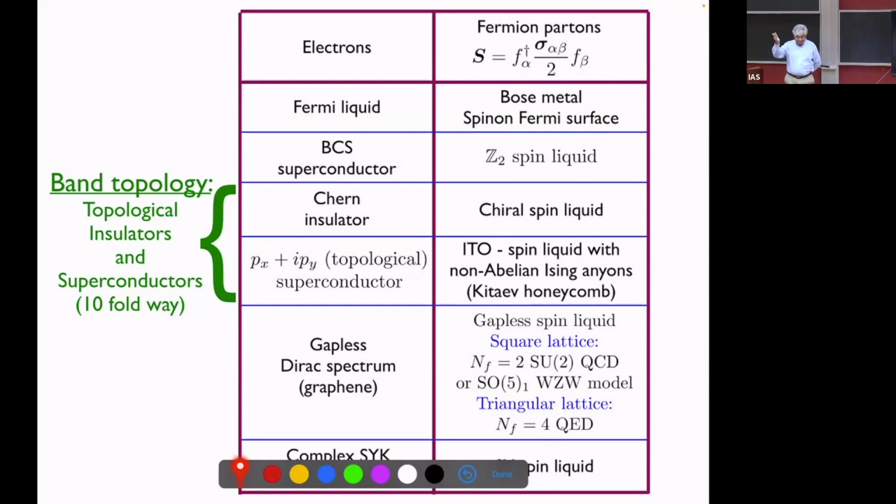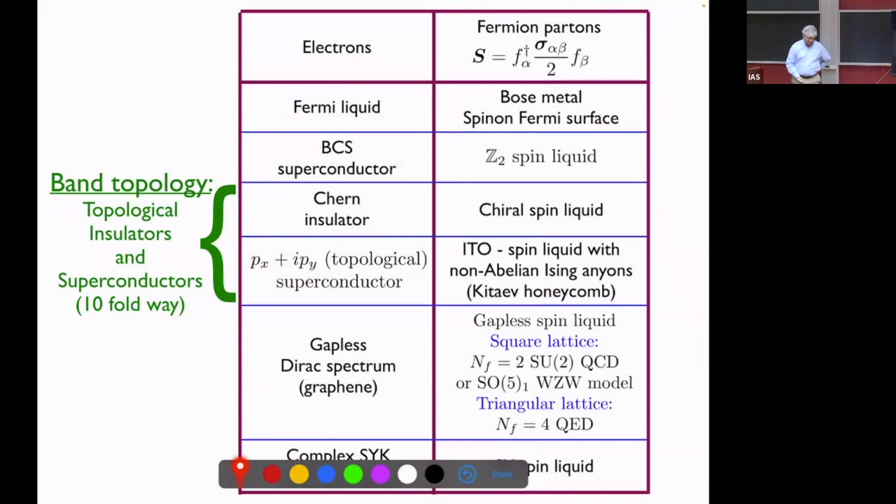It's the phase people have claimed may be found in ruthenium chloride, although I think the evidence for that is slowly dissipating. And what's exciting about it, of course, is that this is a phase with non-abelian anions. I won't talk about this in this course, but there are some notes that will eventually appear in my book. So that's the simplest general way of understanding what this Ising anion phase is. It's simply a phase where you take these spinons and put them in a p plus ip superconductor.